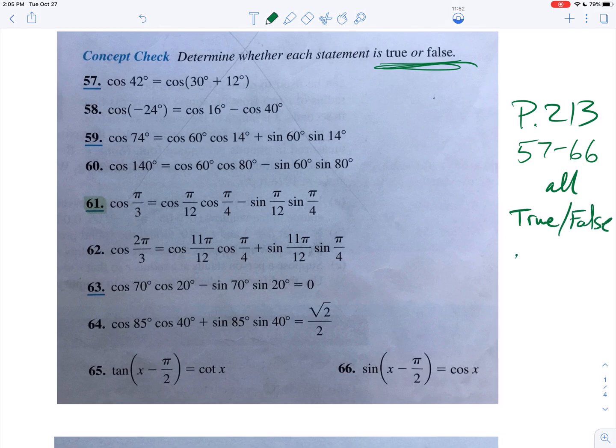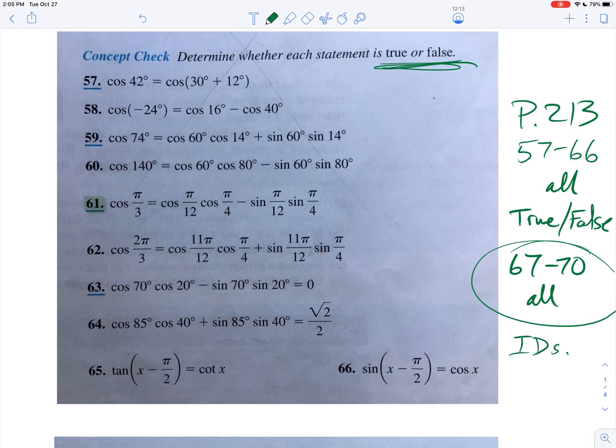And then right below that, you'll see problems 67 to 70. These ones right here are identities. So there is no answer key for them. You are the answer key for them. But remember, I already did number 68, so you only have 3 identities to mess with there.